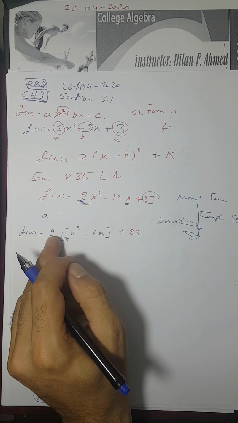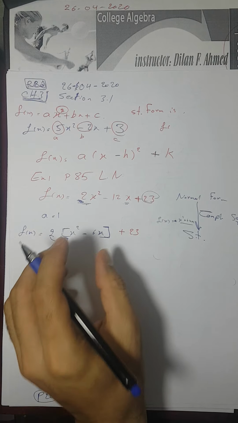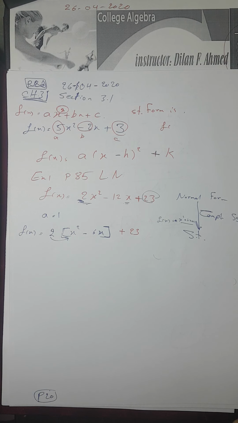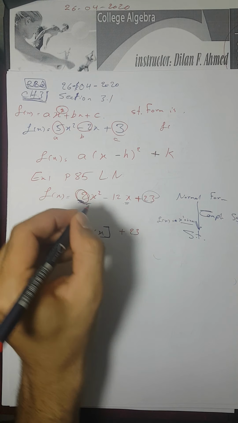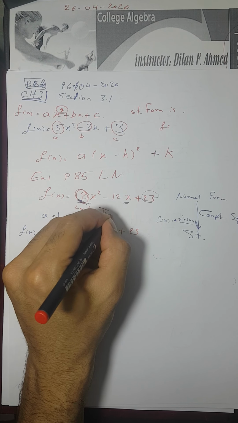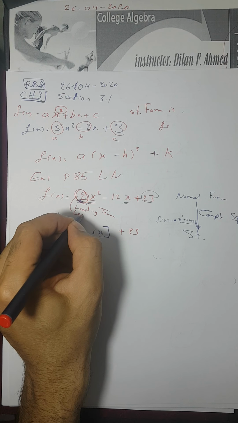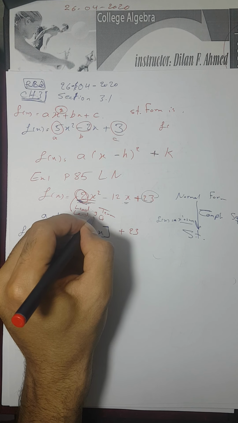But I don't say 2 multiplied by 23. Why? Because I have a bracket here. So I change this leading term. We recall this one as the leading term, and this number is the leading coefficient.